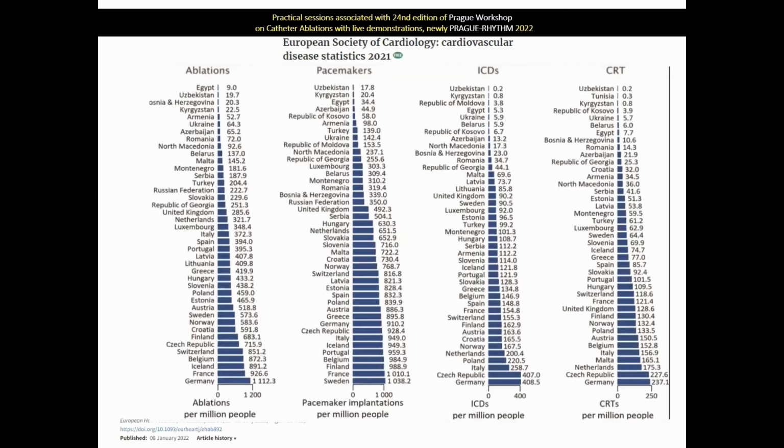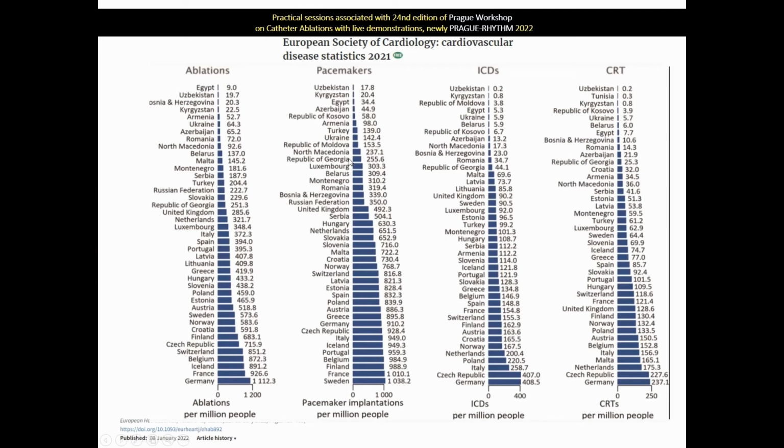What is the situation in Czech Republic in comparison with other countries in Europe? There are very recent data published in January of this year by the European Society of Cardiology, from 57 countries in Europe and surrounding areas, including countries like Egypt, Uzbekistan, Kyrgyzstan, and Turkey.